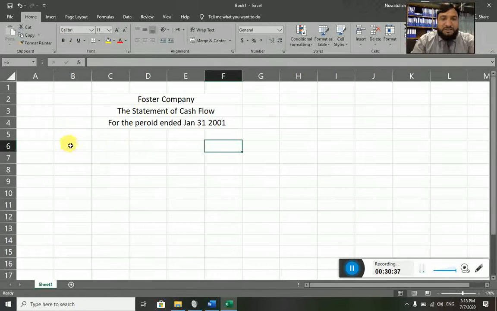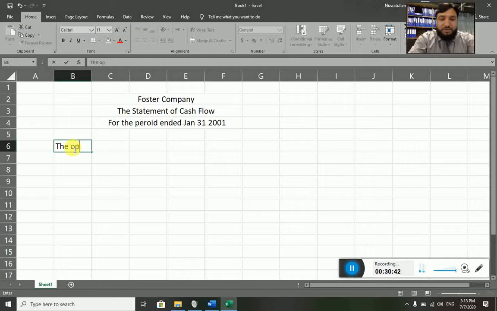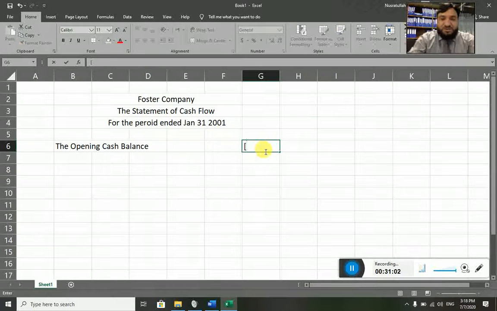Now let's first write the opening cash balance, and I'll write that here, which is $5,600, right?